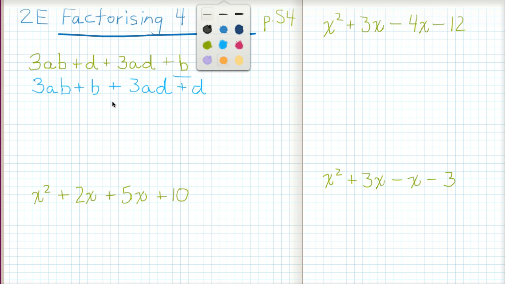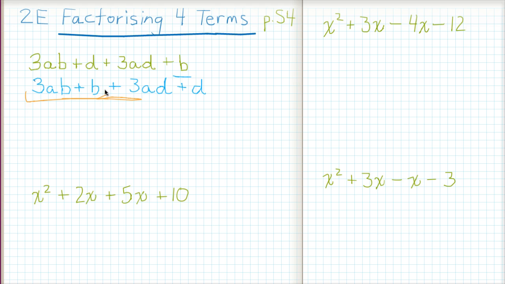So using a different color, I'm going to show you that I'm grouping them from here. Let me try that again. So I'm going to group these 2 together, and then I'm going to group these 2 together.